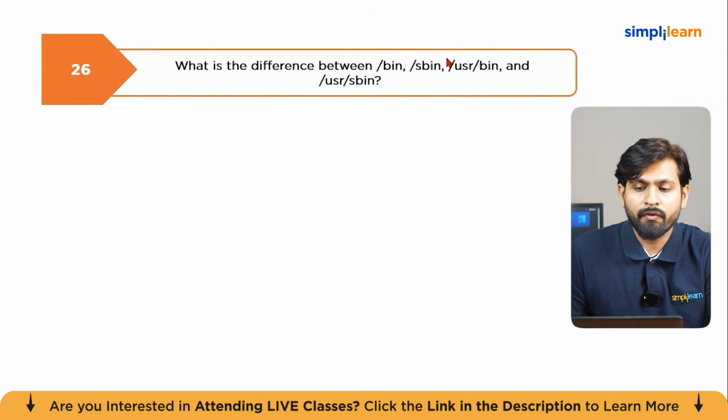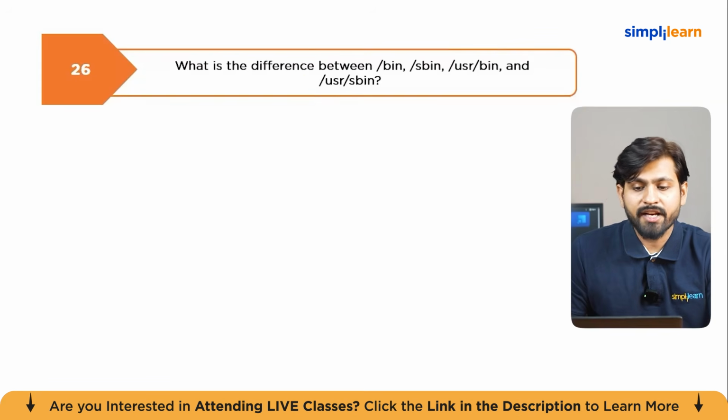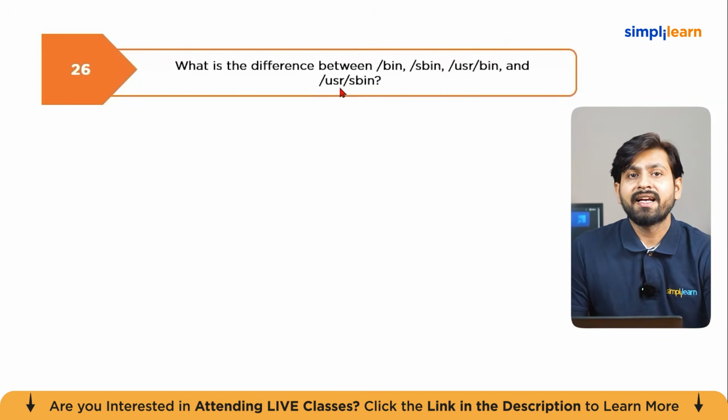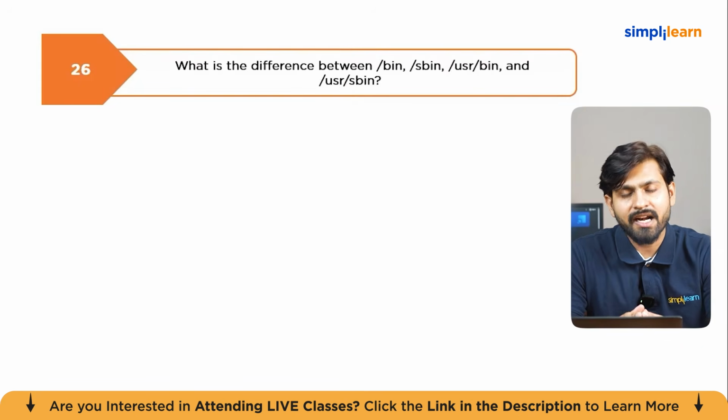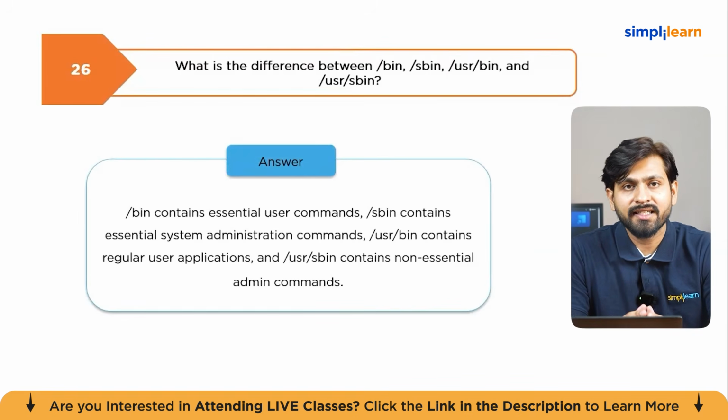Now if you go to /usr/bin, it contains regular user applications, and if you go to /usr/sbin, it contains non-essential admin commands. Now I hope you have got a clear idea regarding this. Keep in mind about this question, this might be asked in the interview.